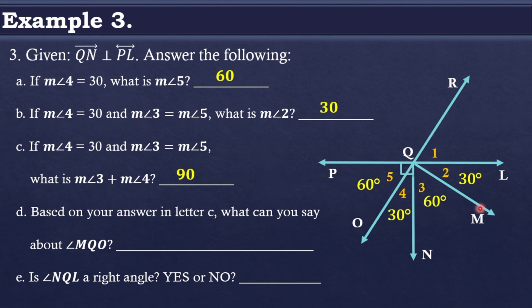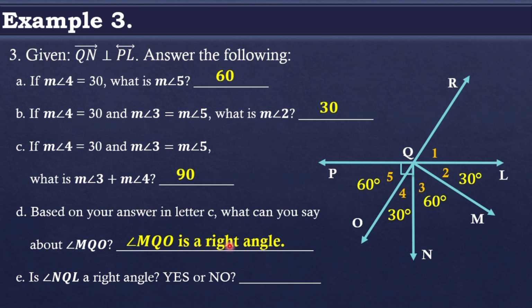So, yung MQO is referring to the sum of the measures of angle 3 and angle 4. It consists of two angles, yung 3 and 4. So, what can you say about MQO since yun ay 90? So, kung 90 degrees siya, ibig sabihin, angle MQO is a right angle.